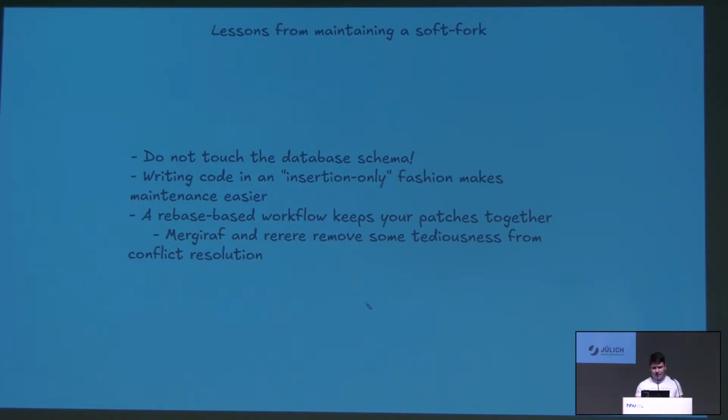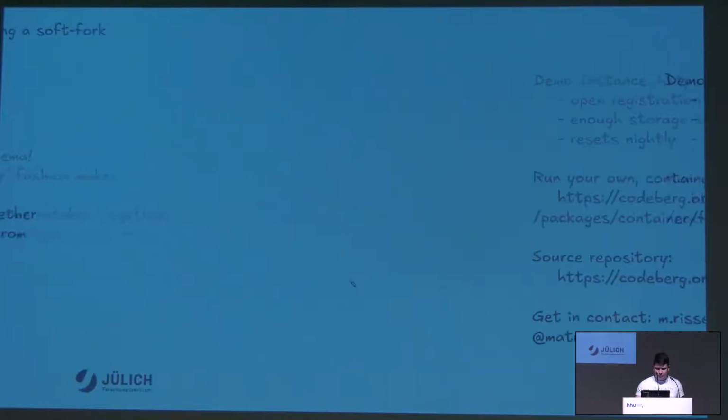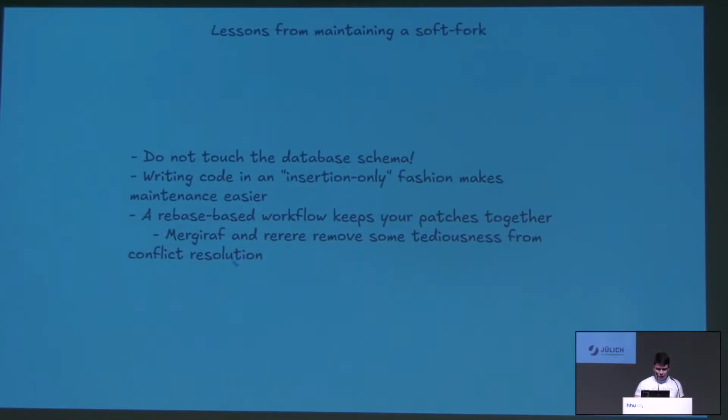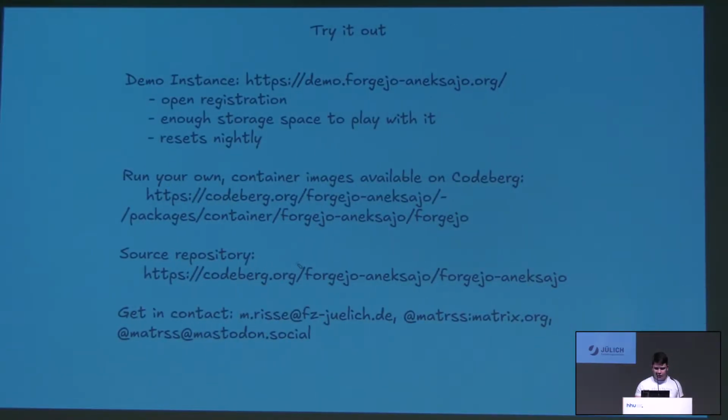I think that's nicer than having a history full of merges in this case. And I can highly recommend checking out mergiraf if you are also in a situation in which you regularly have to rebase, or actually do conflict resolution at all.